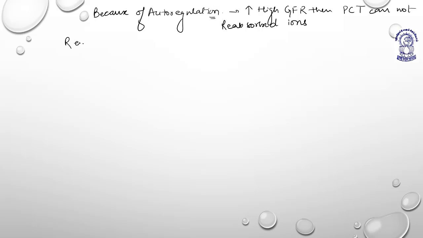Renal blood flow is around 20 to 25% of cardiac output.